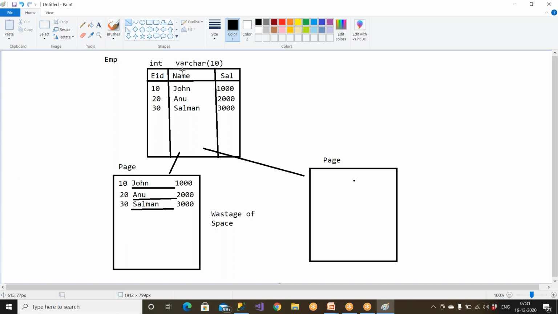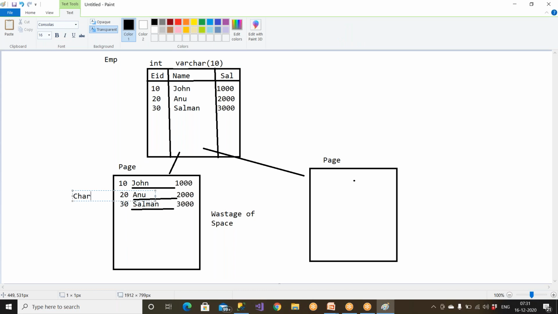Now to overcome that, we can use varchar. Character is going to behave like this. I'm talking about character here, and here I'm going to talk about varchar. When you go in for varchar, it will be like this. If you store this kind of data, 10 John, then 1000, then 20, then Anu, then 2000, then 30, then Salman, 3000.